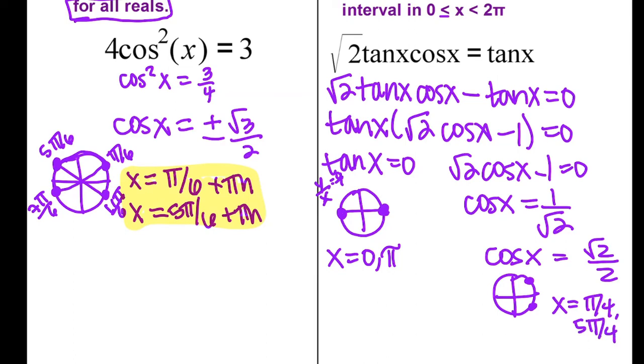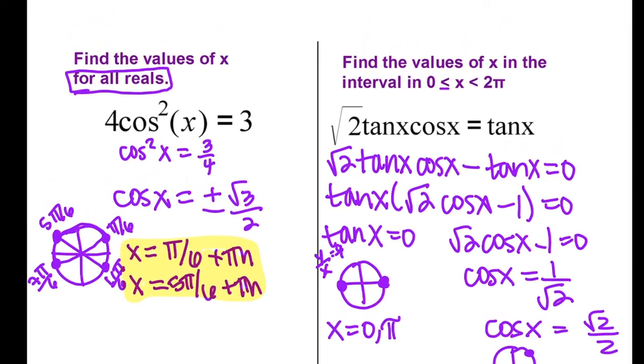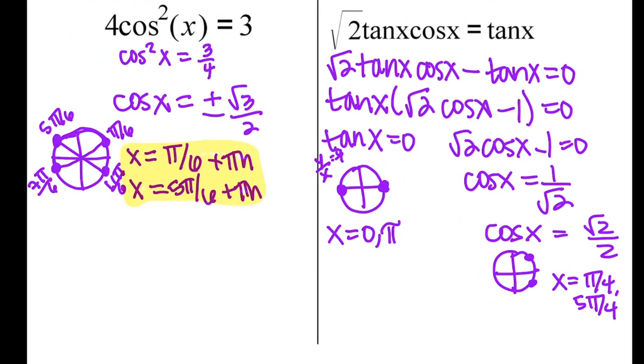So if I put them all on one circle to try to get all my solutions, then what I'm going to do from that is just put them all together. And so I will do that, and then we will see what it looks like. Let's just do a blue one here in the middle. We have pi, this, that, and that. So unfortunately, they are just going to have to be 3 separate answers.